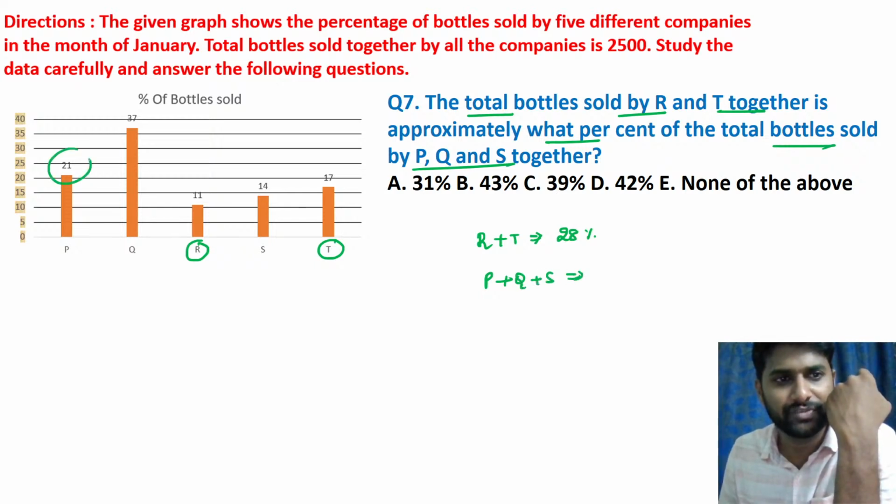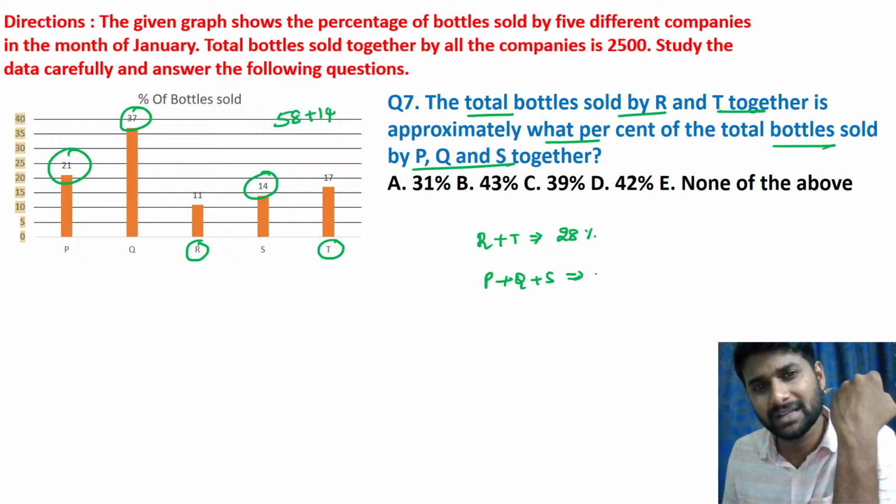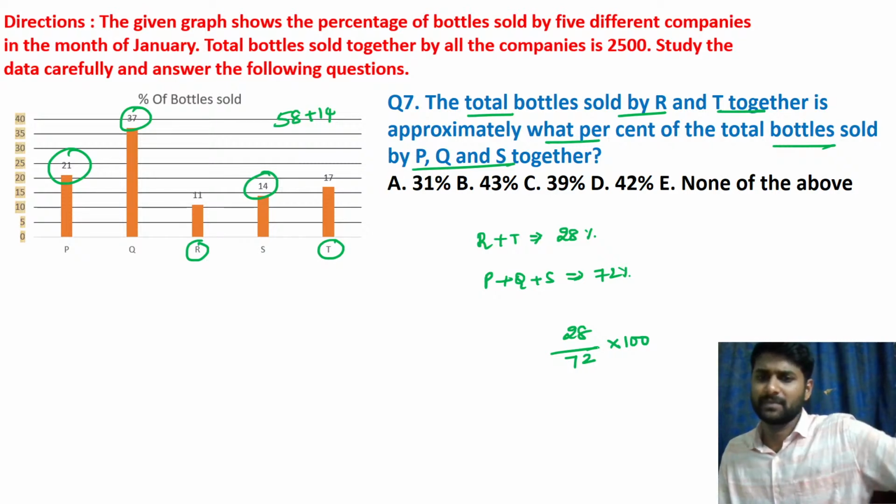Now see, 21, 37, so here the value becomes 58, 58 plus 14. So the value becomes exactly equal to 72%. Now the question: 28 percentage of value is how much percentage of 72 percentage?